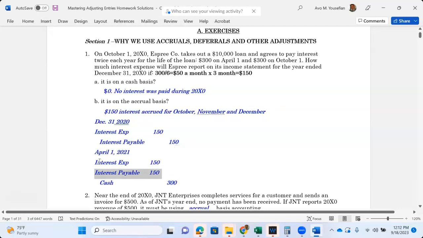And also for January, February, March, you're going to recognize interest expense for 3 months. So interest expense for 3 months in the new year and interest payable of the last year will be closed and the check will be sent to the lender for $300.